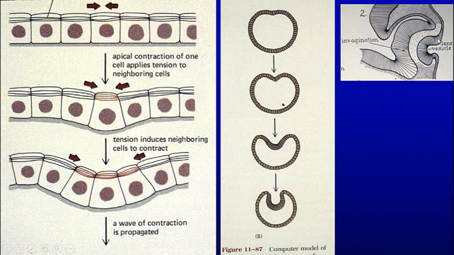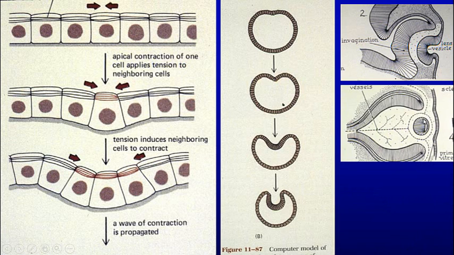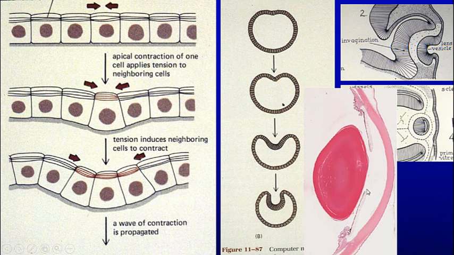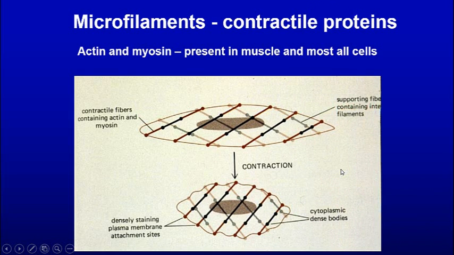This is making the lens of the eye right here. And so by having actin filaments tight in through there, it makes these cells more pyramid shaped, and that allows it to fold back on itself like this, and to make the lens as we know it today.